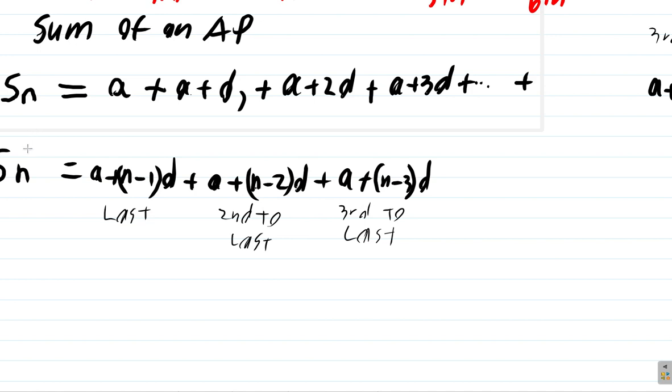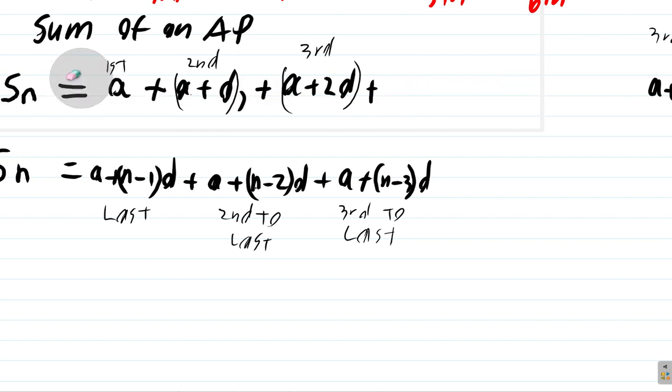Now, up here, we have the first term, second term, and I should put these in brackets, because they are separate terms. This is the third term, the fourth term, and so on and so forth.